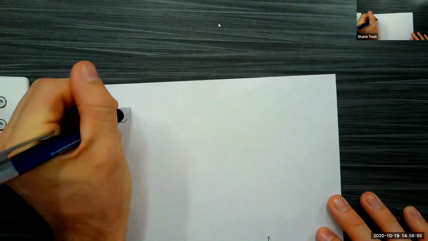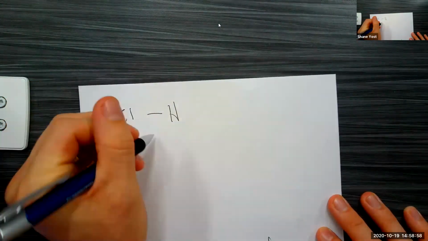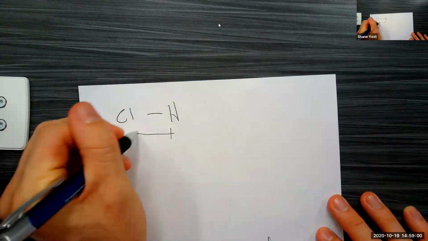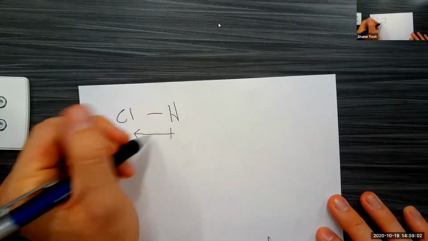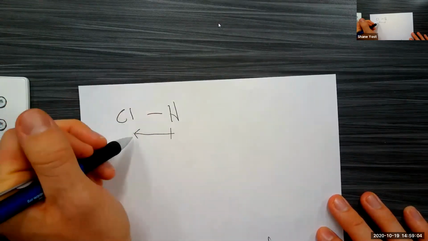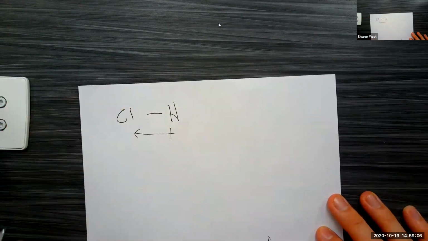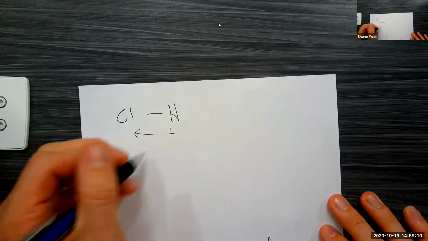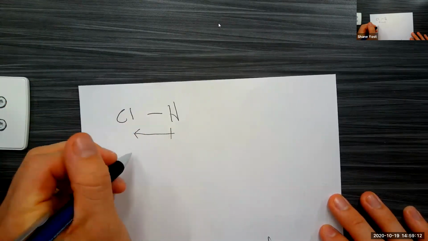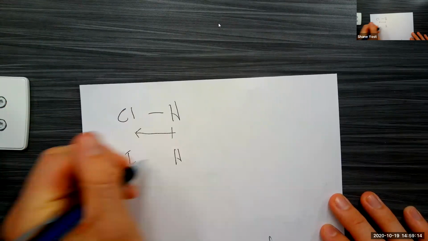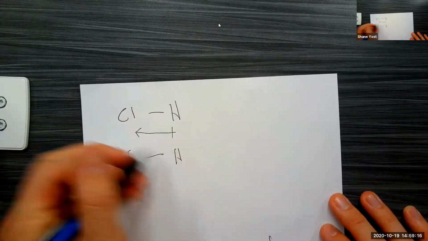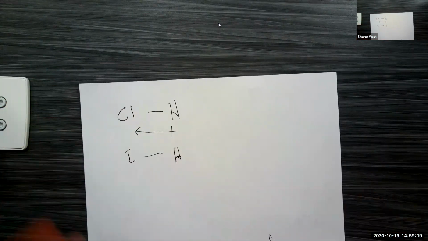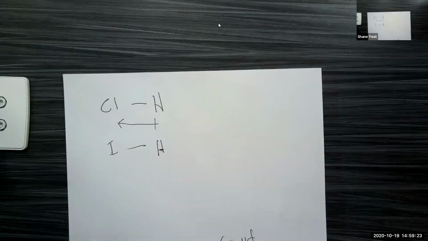If I have ClH, this is a polar bond, where the electrons from the hydrogen are kind of being drawn into the chlorine. This is the difference in electronegativities. And then HI, iodine and hydrogen, is a similar type of polar bond. So bond polarity, as well as the strength of the bond, can impact the pH.